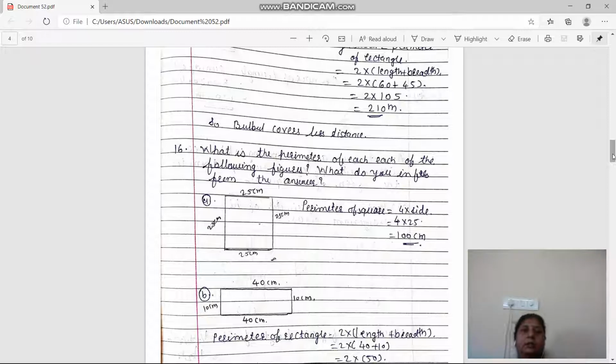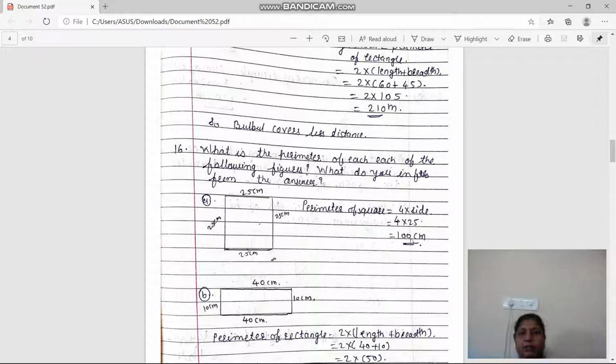Okay, so you are observing the first figure. Each of its side is 25 and it is quadrilateral, and all angles are right angles. So what is it? Yes, it is a square. So which formula we use? Perimeter of square is equal to 4 into side. So 4 into 25. So 25 4s are 100. So perimeter of square is equal to 100 centimeter.